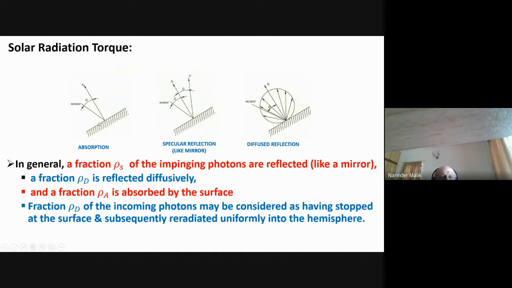A part of it is getting reflected like a mirror, so the angle of incidence is theta and the reflected angle is theta. Part of it is getting stopped and redistributed in all directions, like a diffuse bulb. This is how rho a, rho s, rho d work.